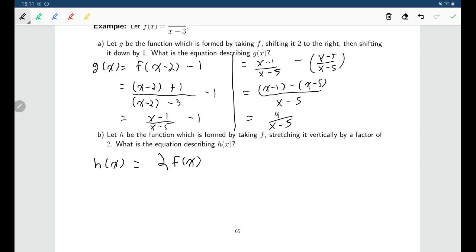So h of x should be 2 times f of x. And again, we know what f of x is. That's x plus 1 over x minus 3. And so h of x should be 2x plus 2 over x minus 3. So if you were to graph h of x and graph f of x on the same axes, you'd see they look very similar, the only difference being that h of x is twice as tall as f of x.